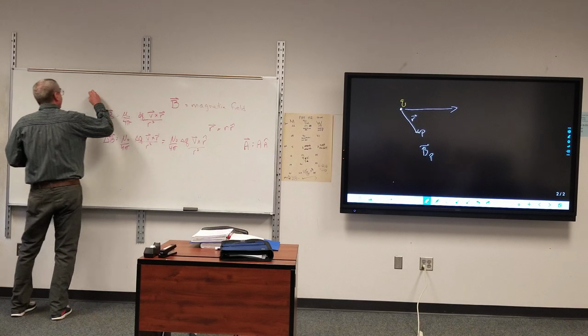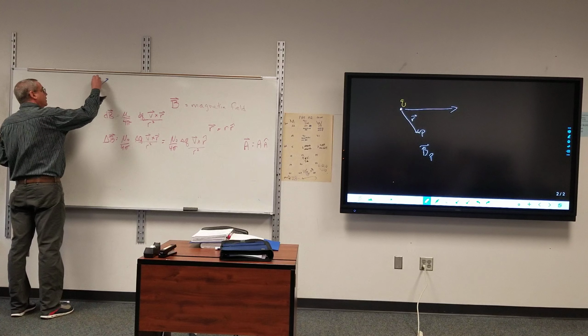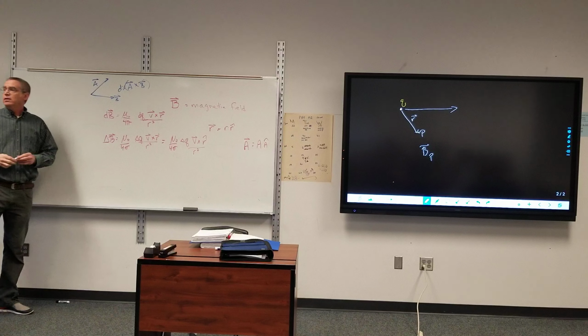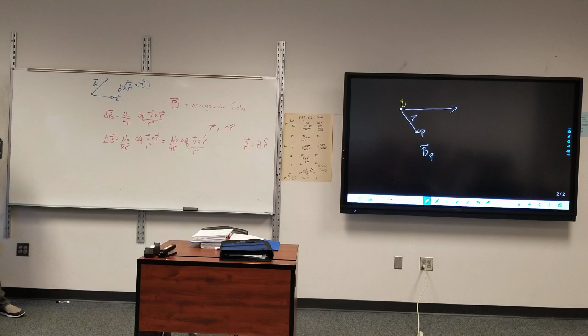So if I have A going like that and B going like this, A cross B, is it right in between them? No. What is the direction of A cross B? Is it out of the paper or in the paper? Into, yeah.